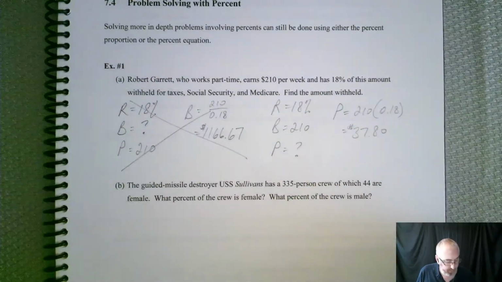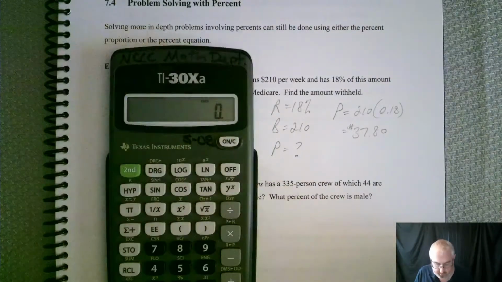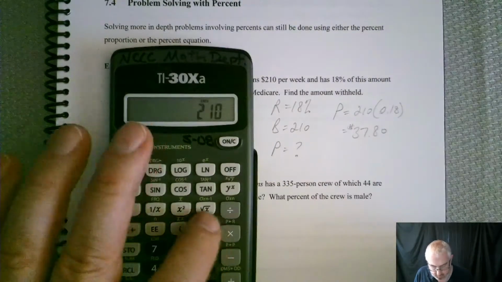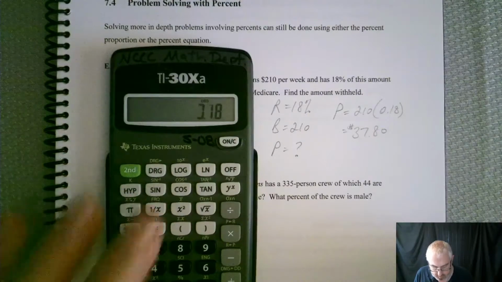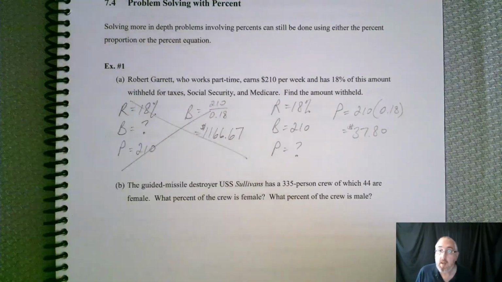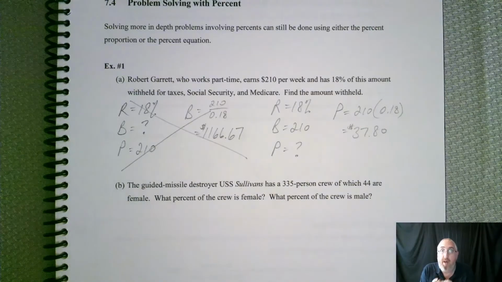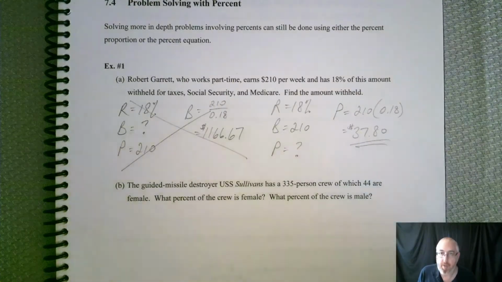At least I'm pretty sure it is. Let me double check just to make sure. Yeah. So now that makes a little bit more sense. You only have a little bit of it withheld from your paycheck, not more than your paycheck. So this is going to have to be the amount withheld.